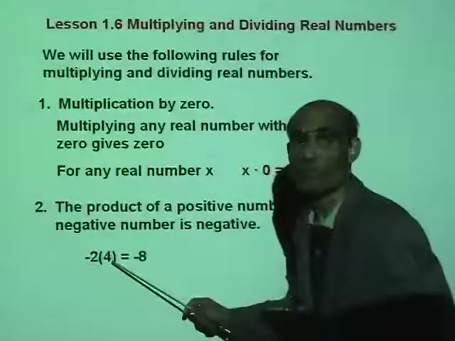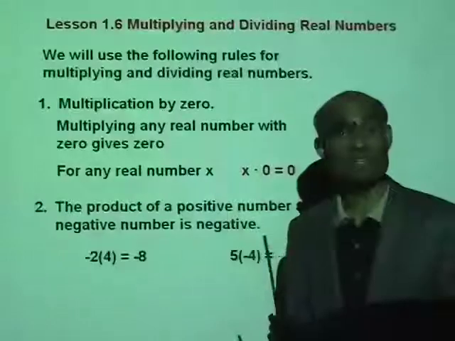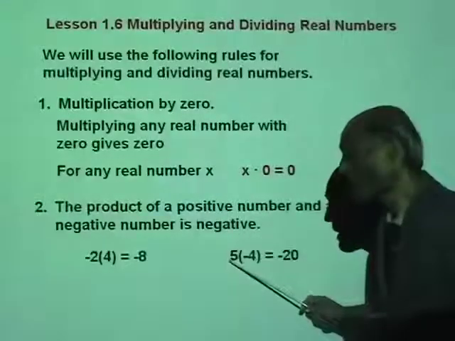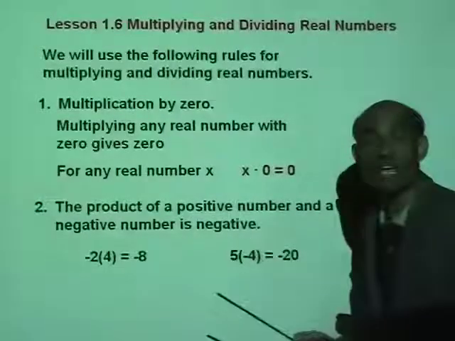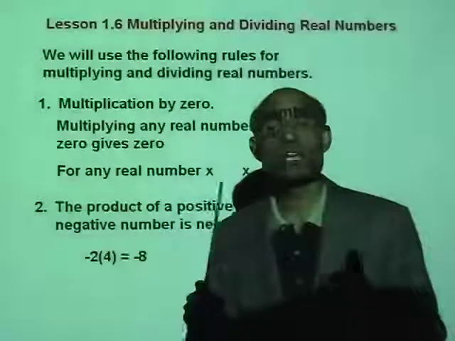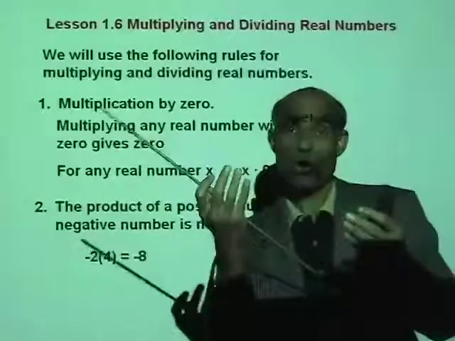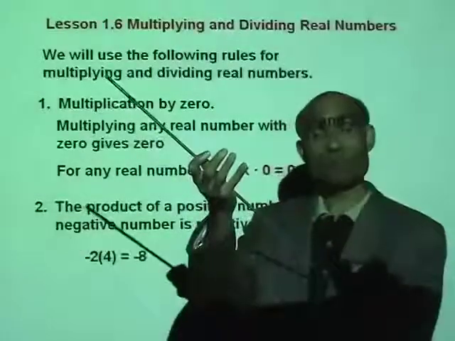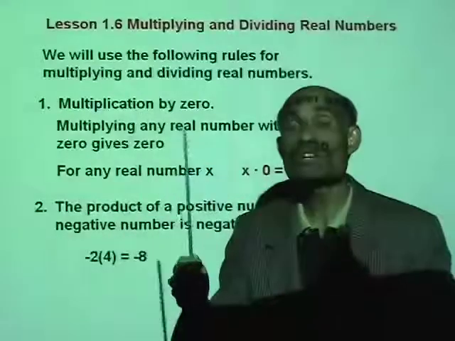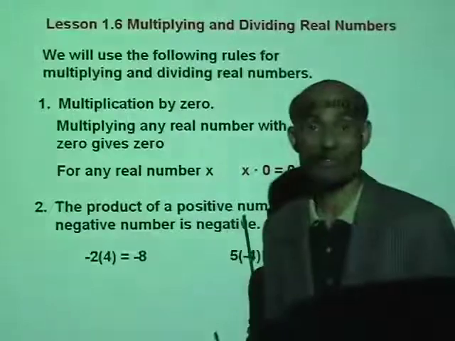Negative 2 multiplied by positive 4 is negative 8. Positive 5 multiplied by negative 4 is negative 20. Multiplying a positive number with a negative number, or a negative number with a positive number, always gives you a negative number. Alright, important result.